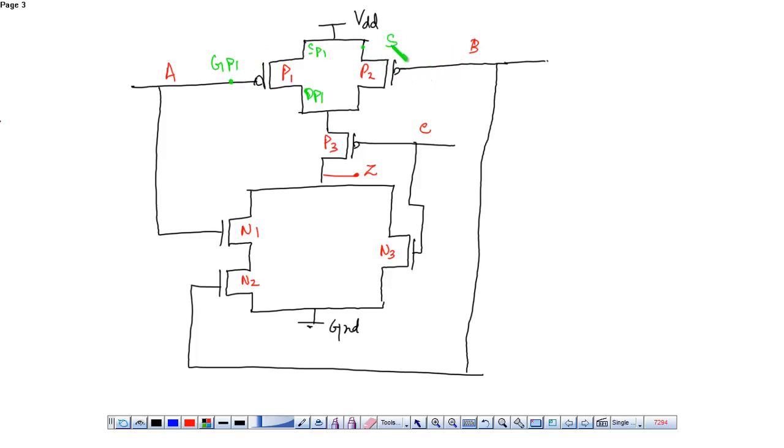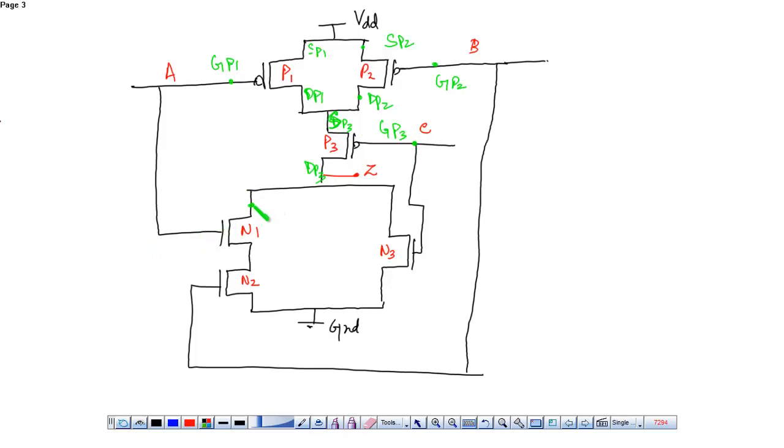This is the source of P2, drain of P2, and this is the gate of P2. Now similarly, this is the source of P3, this is the drain of P3. Why? Because from the drain terminal you obtain the output. This is the gate of P3.